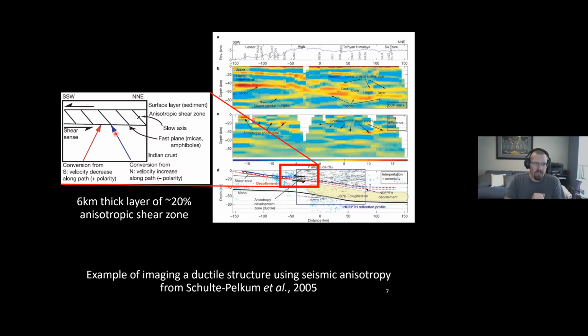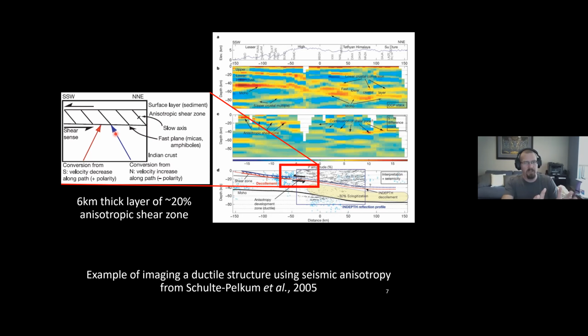What it looks like is, if you assume that there's some sort of shear zone with kinematics that make sense, in this case like a thrust, and if you assume that that shear zone has a certain mineralogy, which is a pretty easy thing to assume most of the time, since there are lots of minerals that are pretty common at different depths and conditions in the earth, and then you assume that they've all been aligned a certain way that makes sense based on other known microstructural relationships with bulk shear like that, it turns out that you can explain the anisotropy that they see at the surface with a roughly 6 kilometer thick zone with about 20% anisotropy overall.